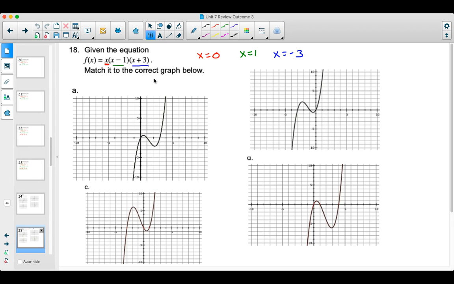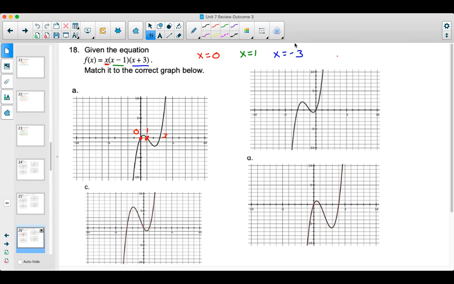So what we do now is we look on the graph, or we can put our zeros on the graph at those three spots. On the first one, let's see if these match up. This has a 0 at 0, 1, and +3. We have 0, 1, but we have a -3, so this first graph does not work.